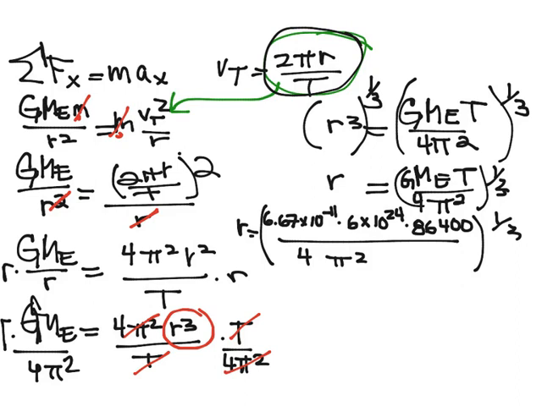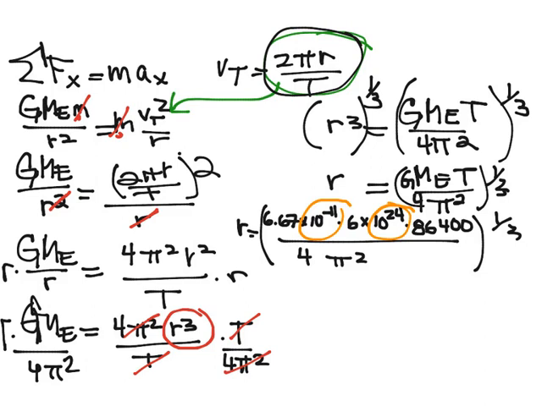If you have a graphing calculator, you can do this all in one step. If you don't, what I recommend is that you take all of the exponents out and just multiply 6.67 times 6 times 86,400 squared, divide by 4 pi squared, then multiply that number by 10 to the minus 11th, multiply it by 10 to the 24th, and then take the cube root.